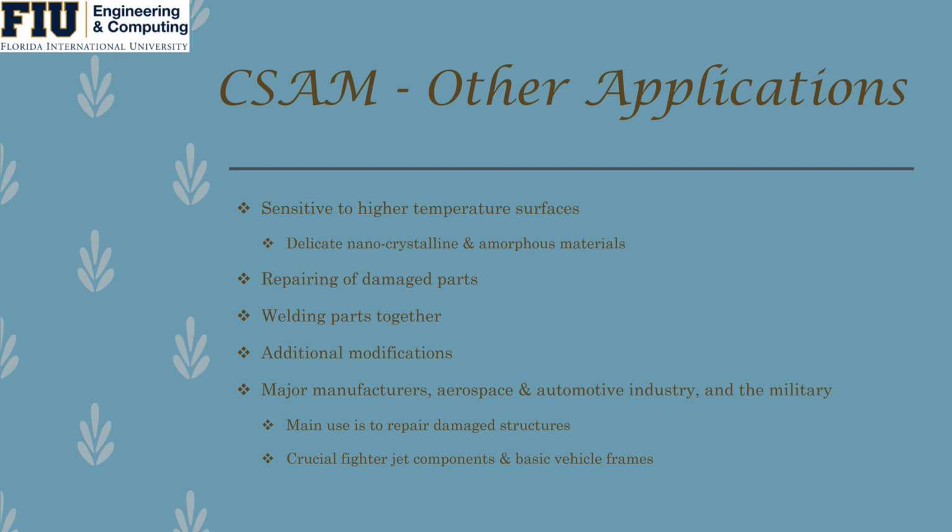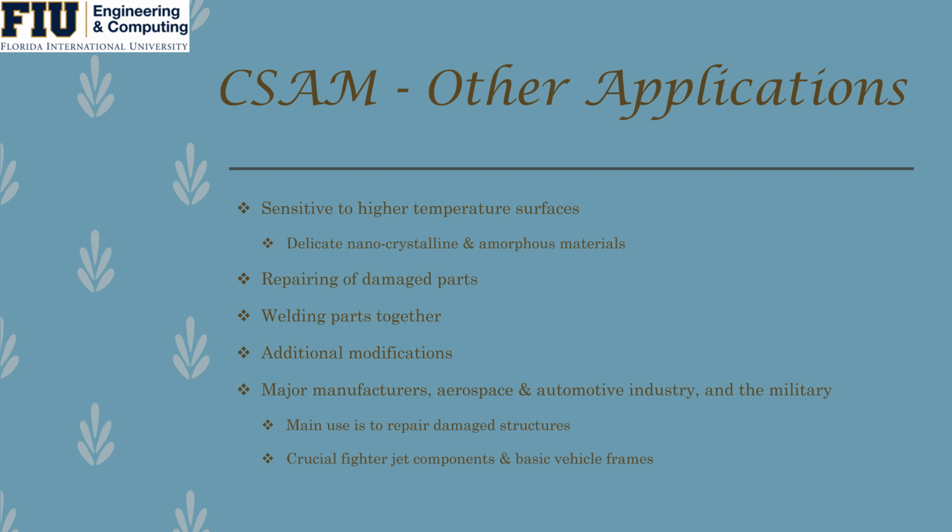Some other applications of the CSAM system are creating parts with materials that are sensitive to higher temperatures, such as nanocrystalline and amorphous materials. As cold spray was initially intended, they are using this cold spray additive manufacturing system to repair damaged parts, weld parts together, as well as make additional modifications.